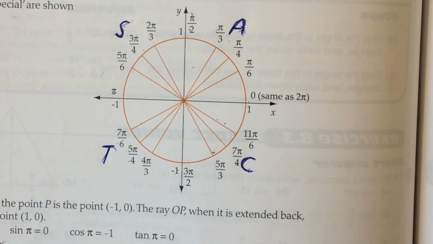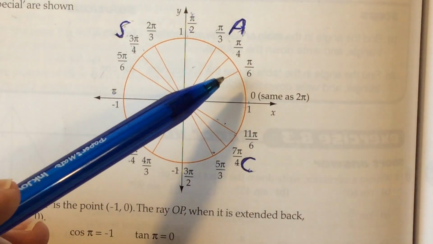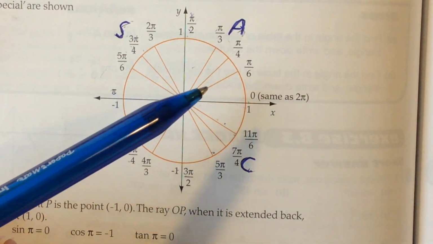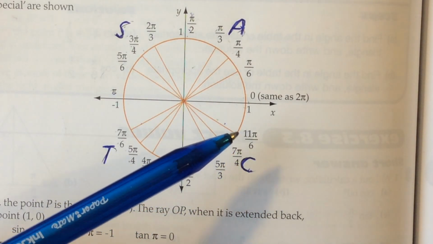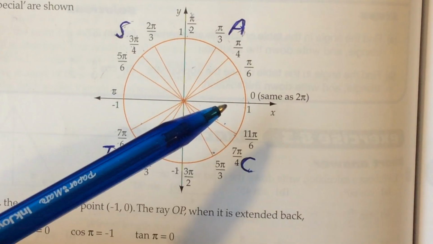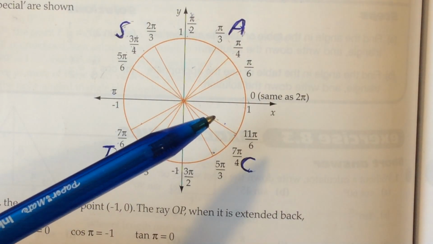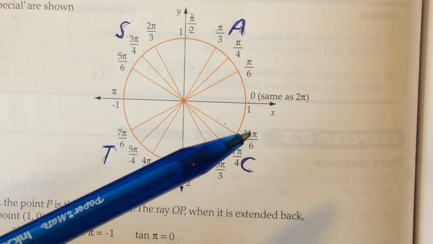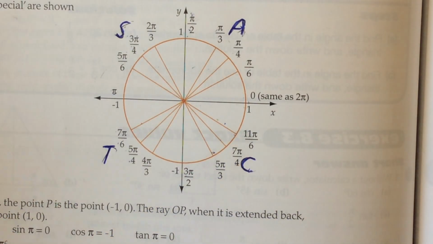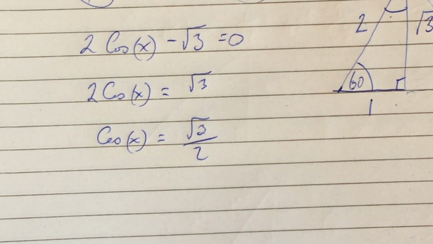And this is where it's positive. And then in another part, so we saw it positive there. Now, in another part of the unit circle, cosines are positive, and this is 30 degrees off the x-axis. So it is 2 pi minus pi on 6 in this case, and it's 11 pi on 6. And so we have our second solution.